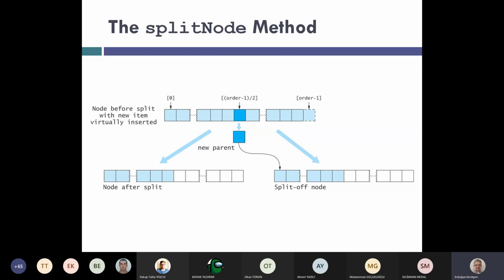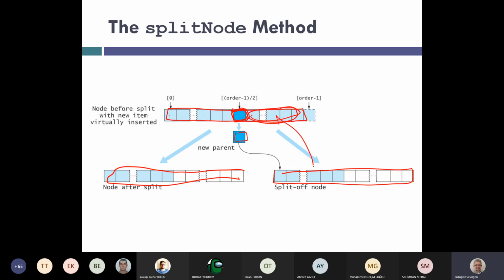The split operation is figured here. Actually, this is the full data value. This is the middle one. Based on the middle one, this data value is modified as this one, but a new node is created as well.